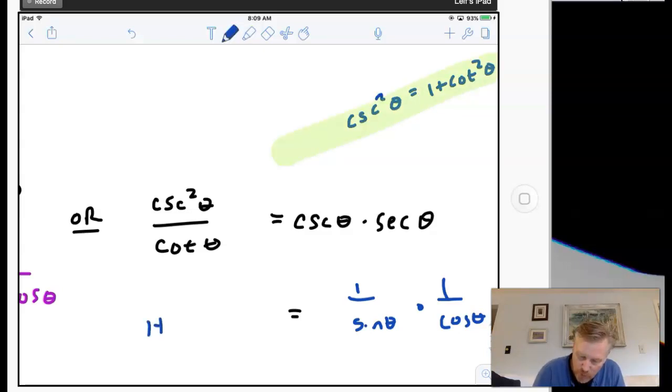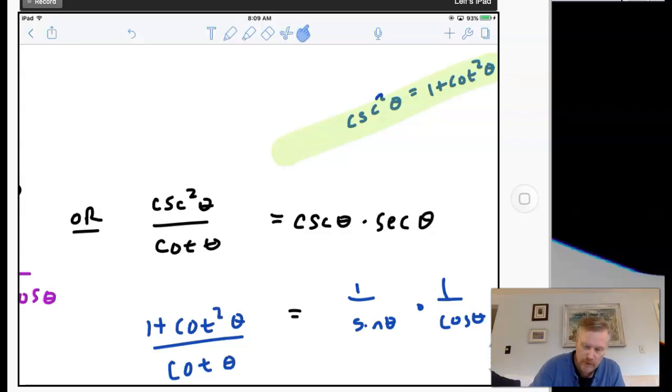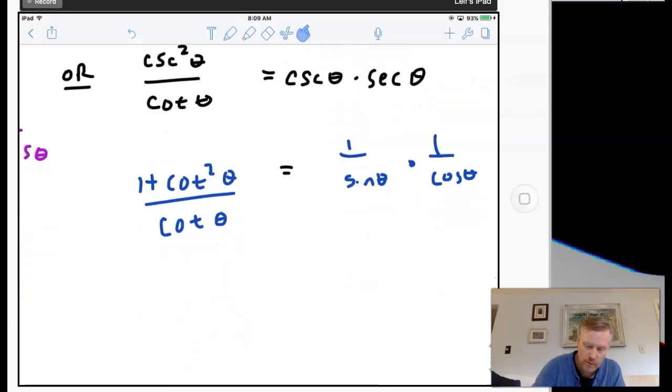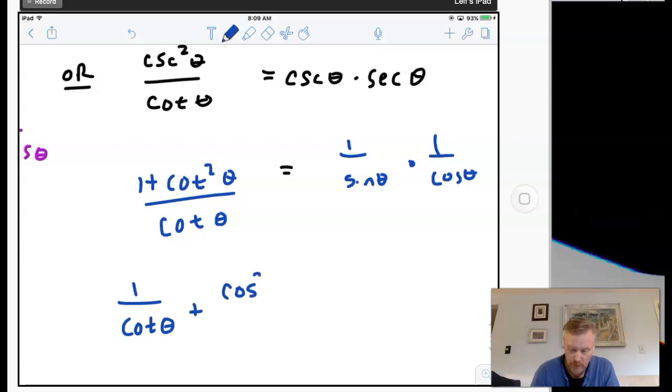So if I change that to 1 plus cotangent squared of theta over cotangent of theta, now I've got two things in the numerator over the same denominator, which means I can split them up, right? 1 over cotangent of theta plus cotangent squared of theta over cotangent of theta.